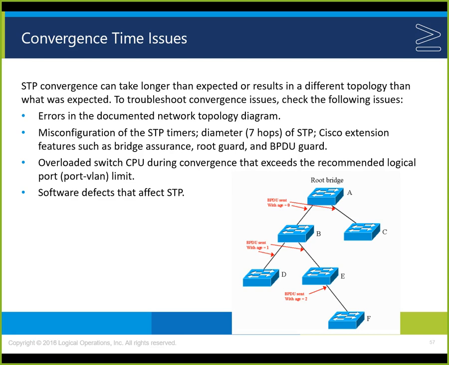Bridge assurance, root guard, and BPDU guard are all things that can affect what goes on. BPDU guard, we saw, is just going to put the port into err-disabled state. Overloaded CPU during convergence exceeds the recommended logical port VLAN limit, and then software defects that affect spanning tree.